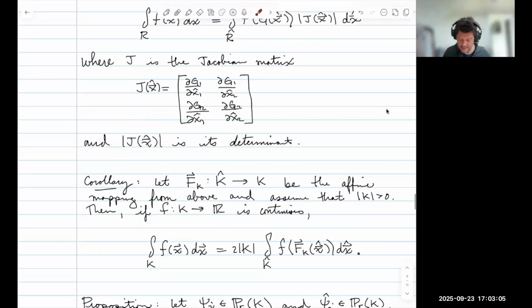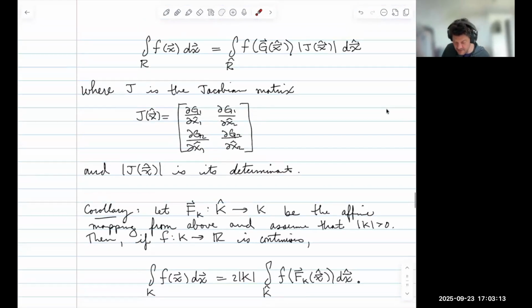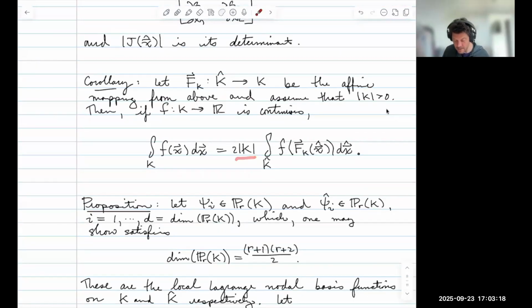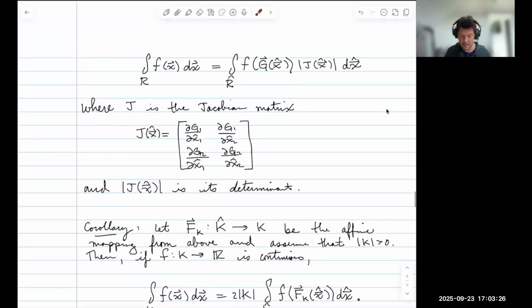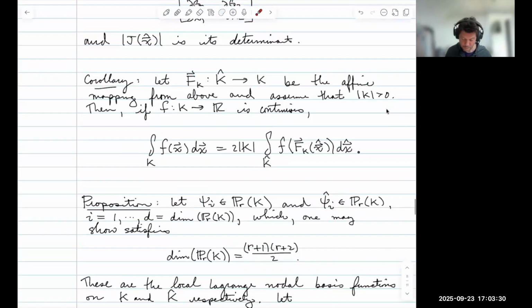So that probably plays a role in proving this theorem. So this is the Jacobian. And since it's independent of the point values, normally this is not independent of point values, but in our case it is, it simply comes out front of the integral. So this is a very simple corollary of this powerful region transformation integration formula.